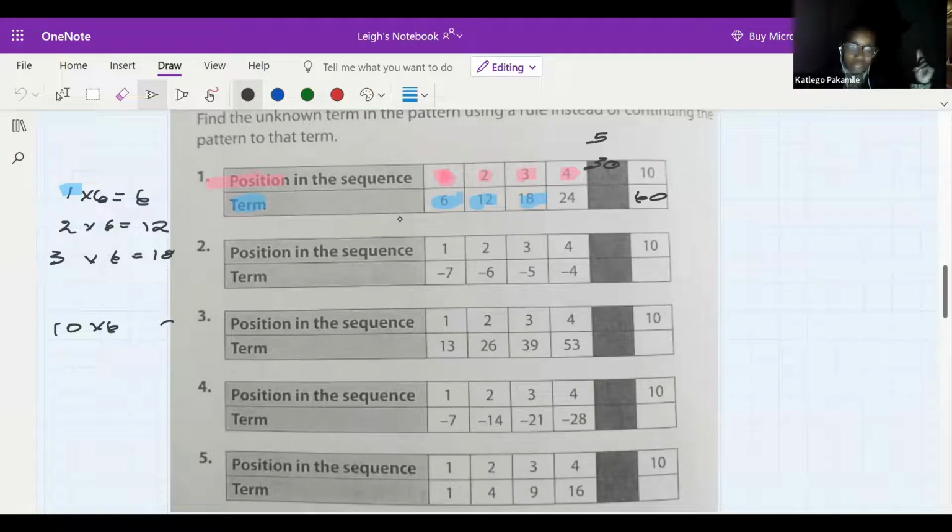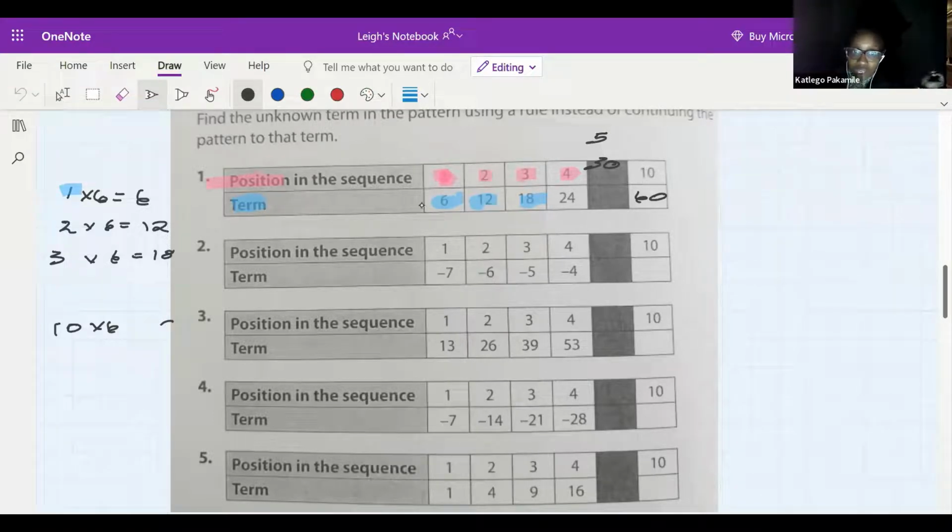Okay, it depends on where you look at it, right? If we are just looking at the term, those are the blue ones, right? Were you here in Monday's lesson? Yes, ma'am. I was here in Monday's lesson. Yes, so on Monday, we were only working with the blue stuff.